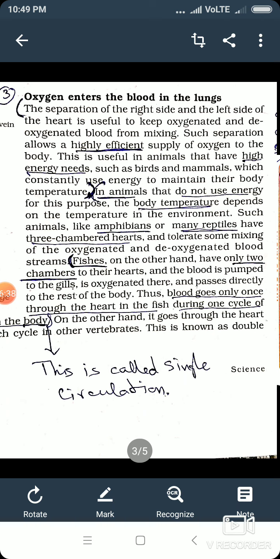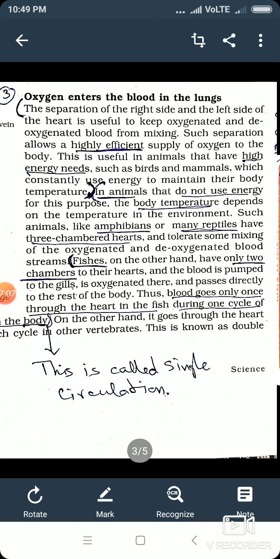This is useful in animals that have high energy needs, such as birds and mammals, which constantly use energy to maintain their body temperature. And you have already studied in class 9th that birds and mammals are warm-blooded animals.